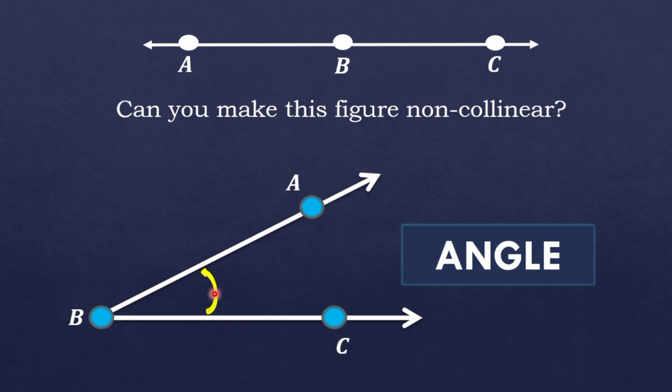Ito po yung rotation niya. Okay? So, from the initial side, yung start, mag-move siya, magro-rotate, dito siya mag-stop. This is the terminal side kung saan siya tumigil. Okay, so ito po yung rotation, that is what we call the angle.